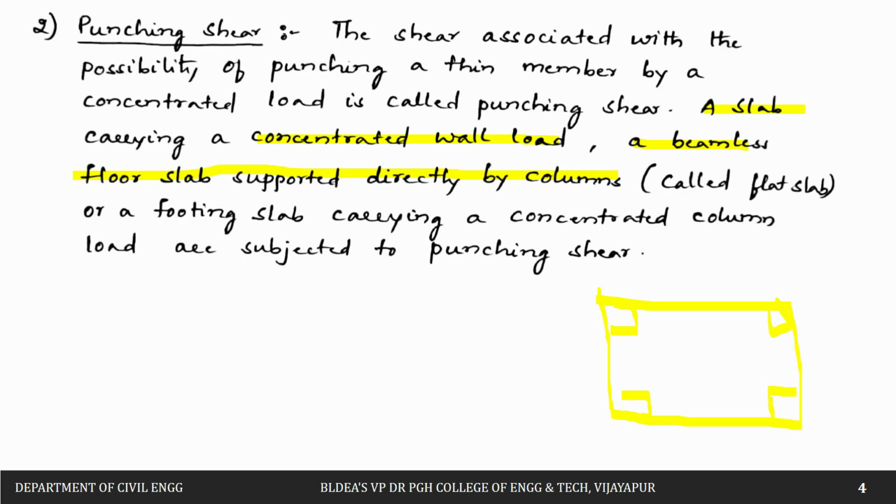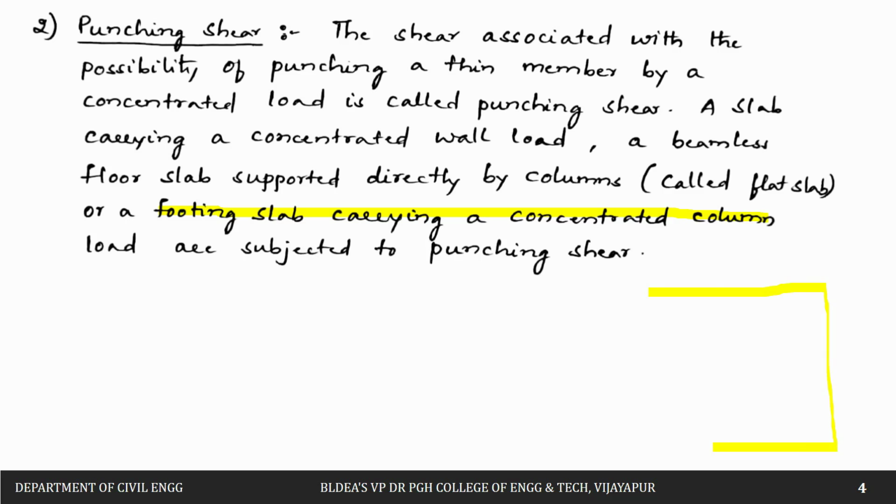This is associated with thin members and concentrated load. Or otherwise you can have a footing slab carrying a concentrated column. If you see, we have this footing, and at the center somewhere here we have the column. This will also be subjected to punching shear.